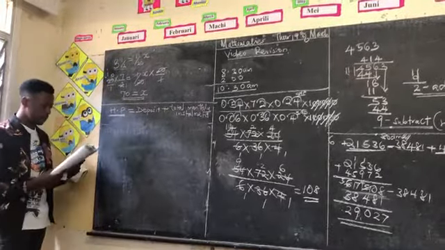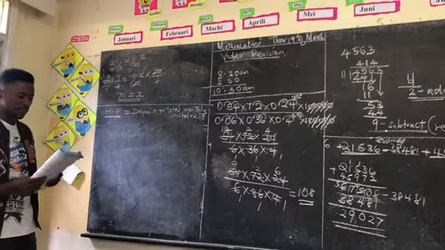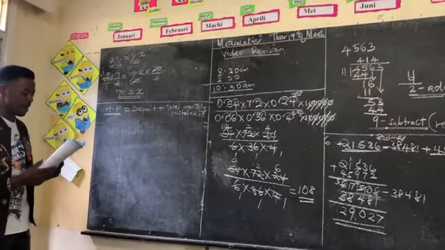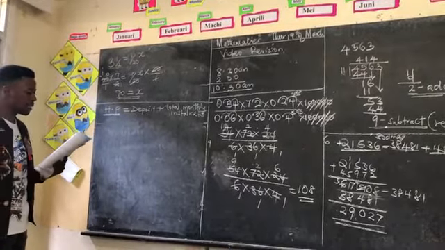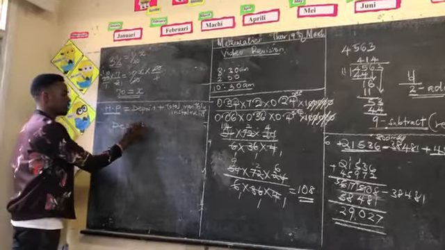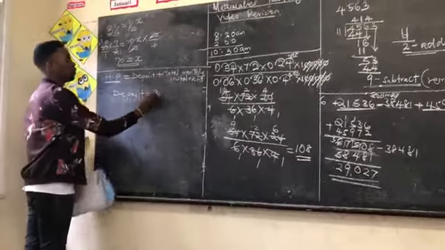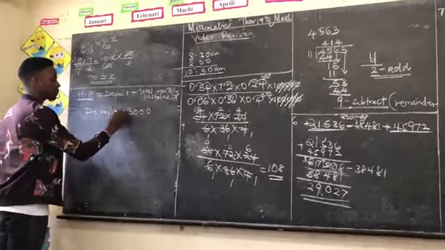Now this is a TV. The hire purchase price of a TV set was a deposit of 3,000 shillings. This person went to buy a TV and the deposit he paid was 3,000 shillings.